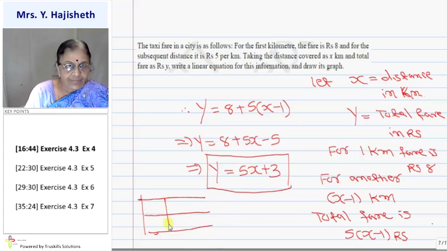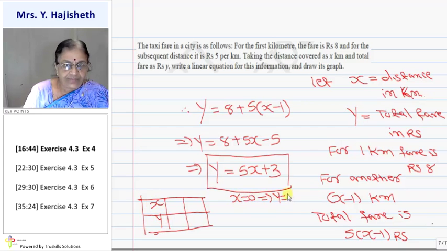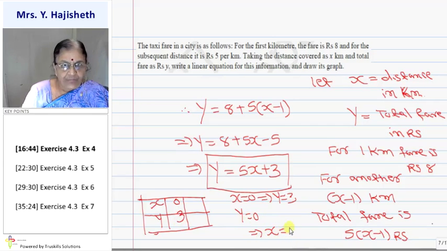Clear? Because two solutions are more than sufficient to draw the graph. Put x as 0, so y will be 3. So (0, 3) is one of the solutions. Put y as 0, so it implies x is minus 3 by 5.